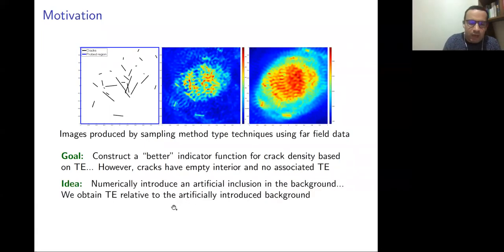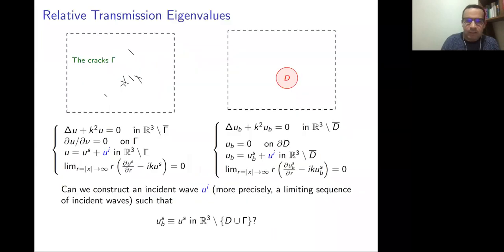And this is where the idea of using an artificial background comes in. We will artificially introduce some resonance by introducing an artificial background. The idea is very simple, and this is summarized in this slide.